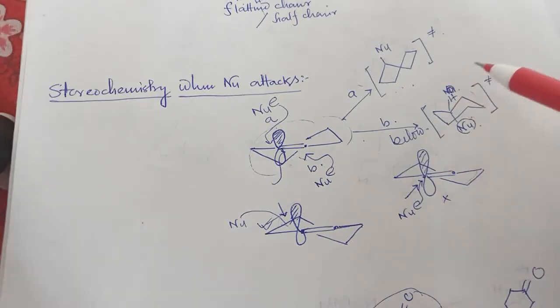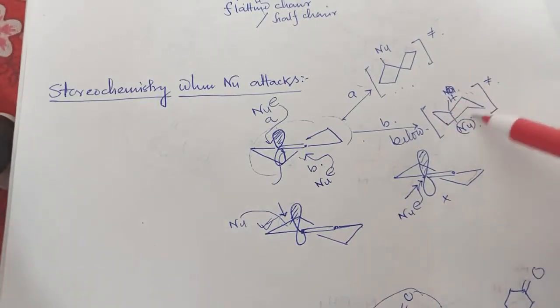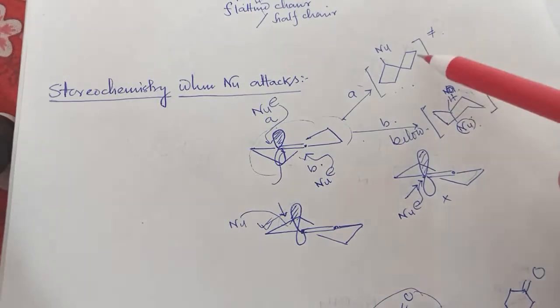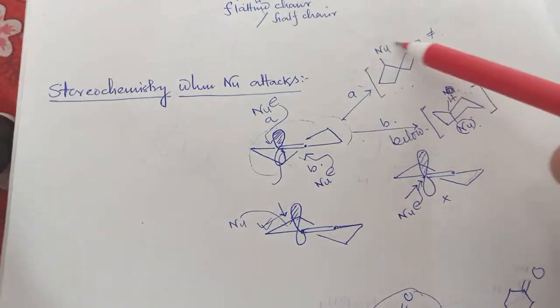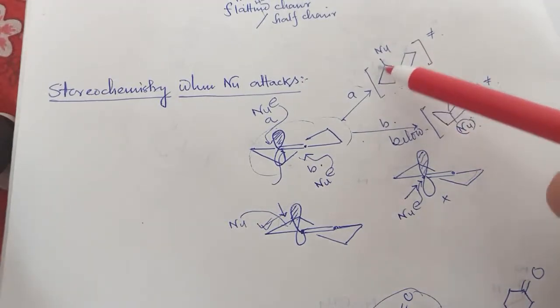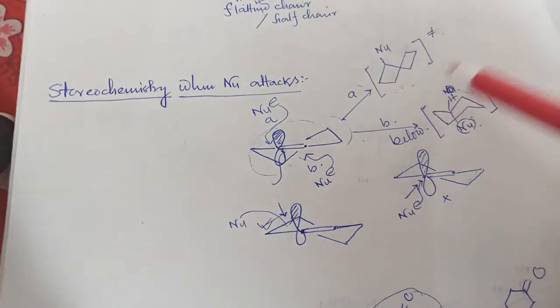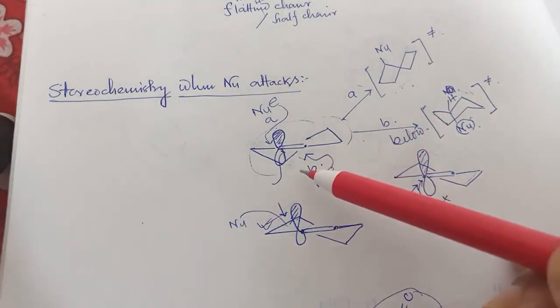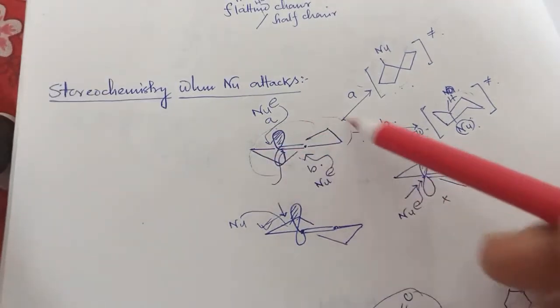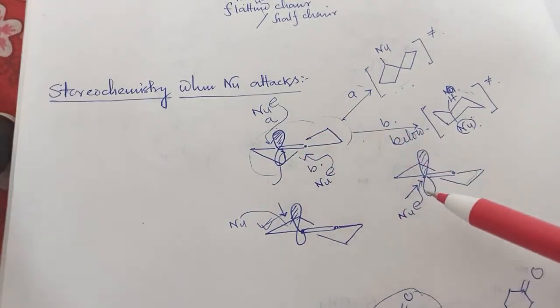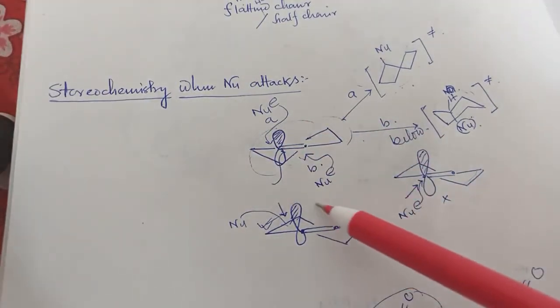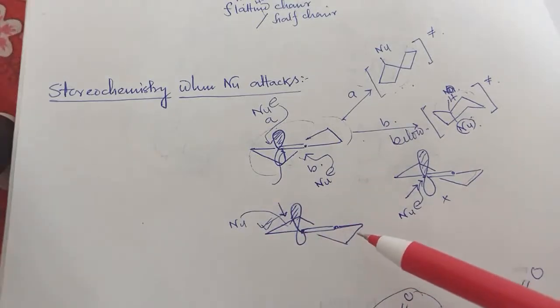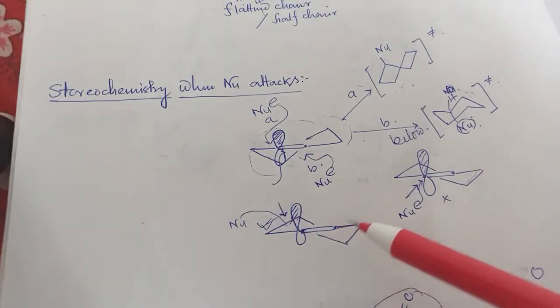And obviously you know the stability of this chair is quite high compared to this twist boat like TS. So this path, when the nucleophile comes from the bottom in this conformation, is very feasible. And if we talk about this conformation, the concept is quite similar.